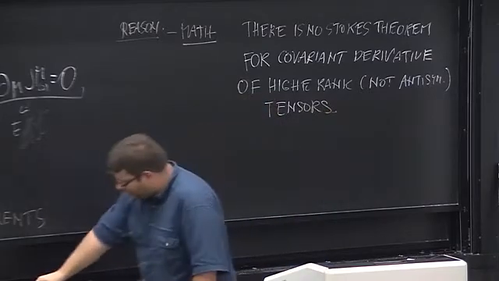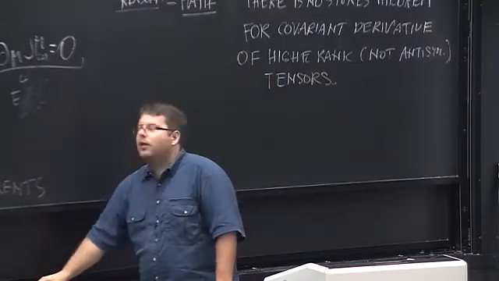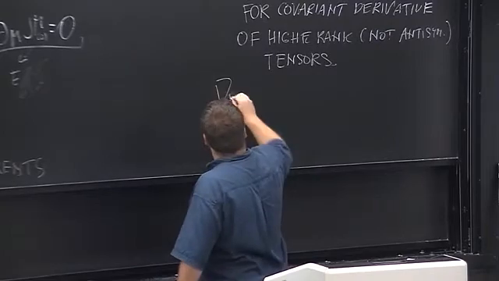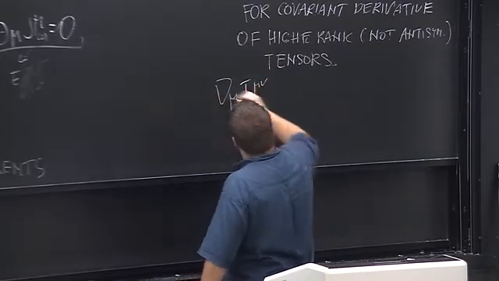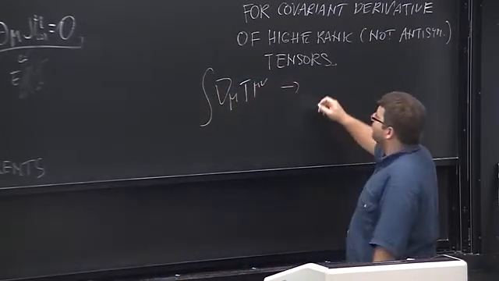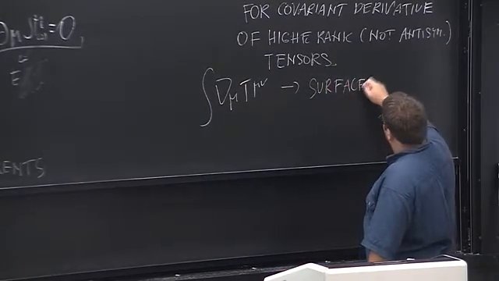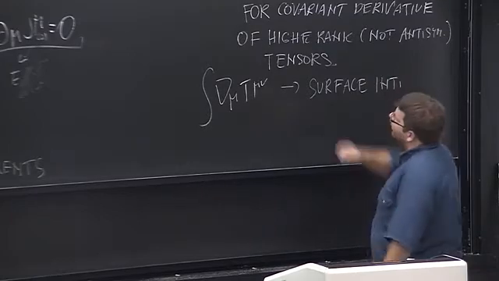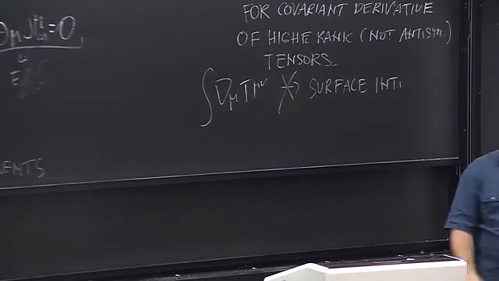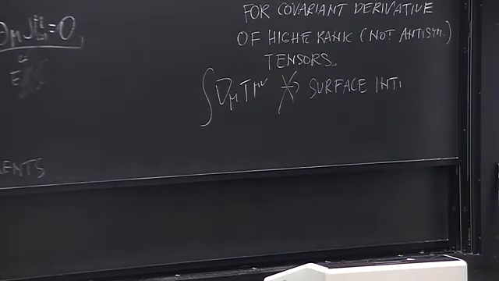So there is no way I can take T^mu nu in an integral and turn it into some surface integral. This simply doesn't exist. There's no corresponding math which would allow you to do that.